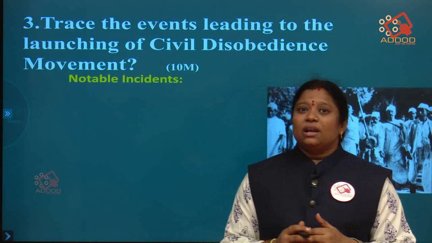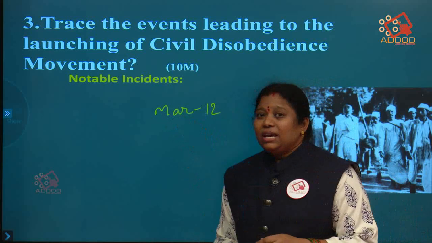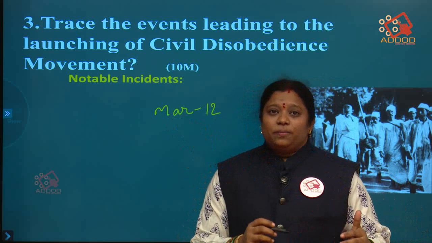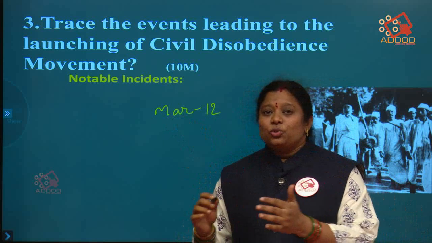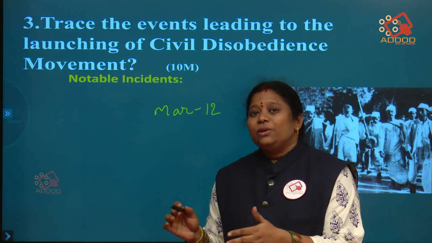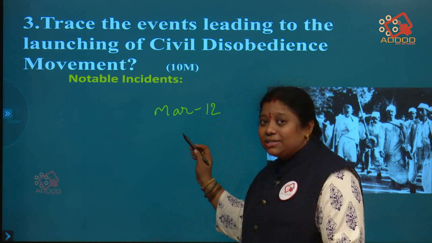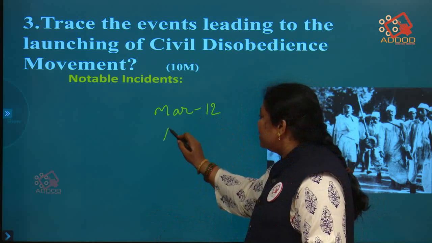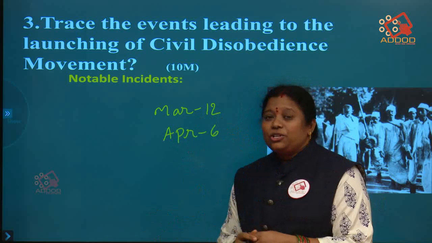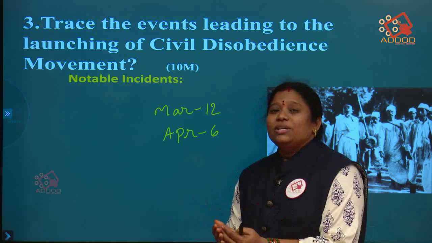The Salt Satyagraha was started on March 12th. Gandhiji started his march from his ashram, Sabarmati Ashram, to Dandi. Dandi is a coastal village situated in Gujarat. So on March 12th he started his movement, and on April 6th he reached Dandi, and on going there he took the salt into his hands.